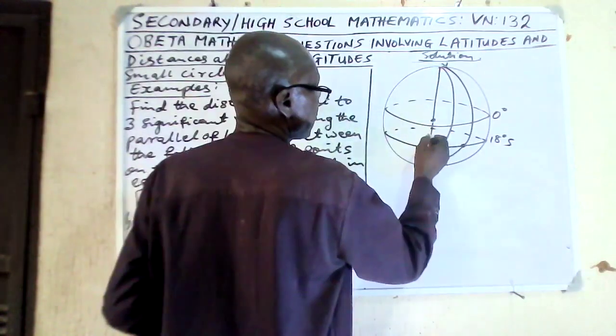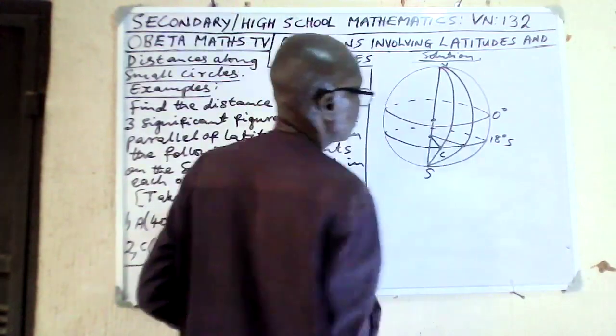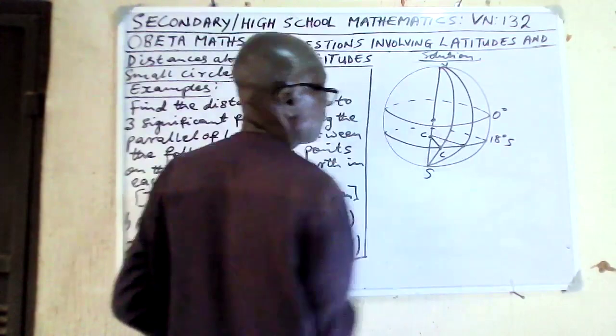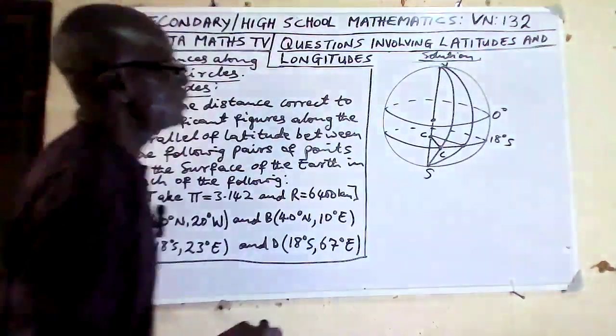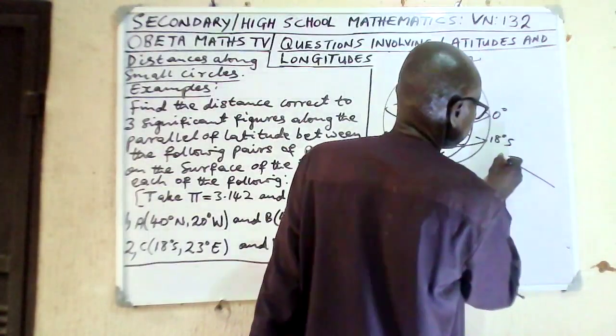Now remember, this is our center. Take this. This is our C. So now I'm bringing it out. We have something like this.